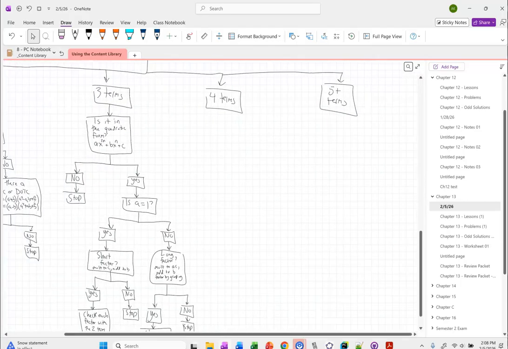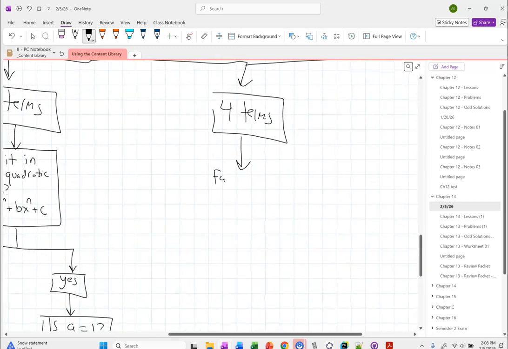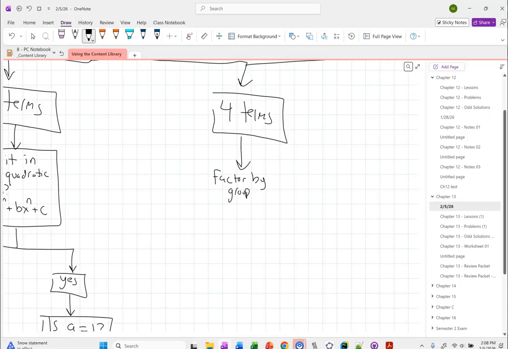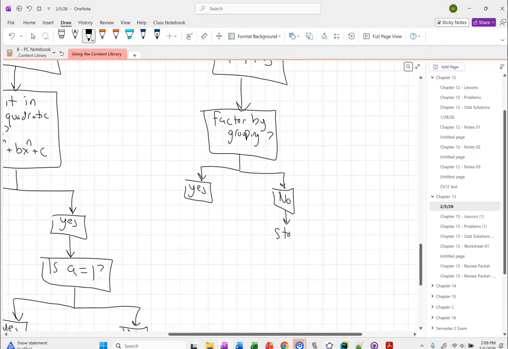Now down the four-term branch. We'd want to check, can I use factor by grouping? If I can't, we stop. There's nothing more for us to do right now.